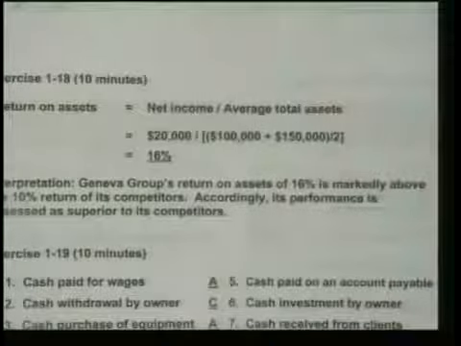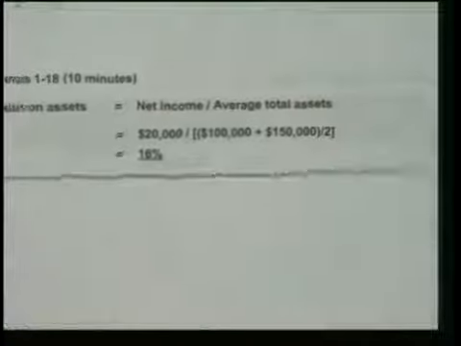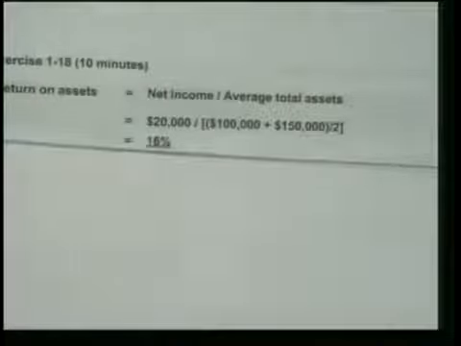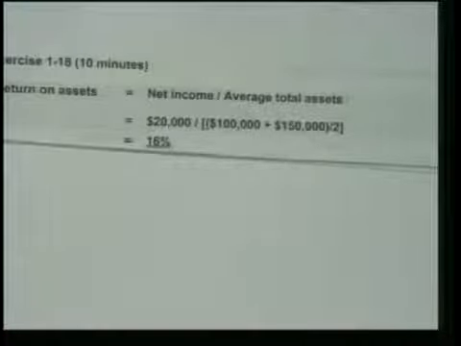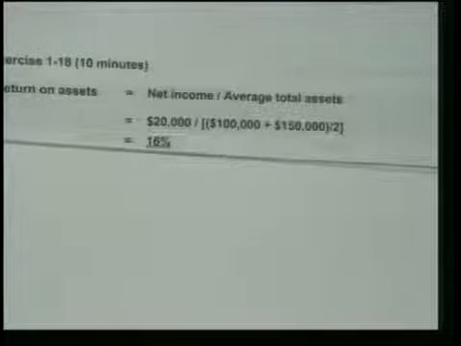And in this case, they tell us in exercise 118 that Geneva Group reports net income of $20,000 for 2011. At the beginning of 2011, they had $100,000 in assets. By the end of 2011, assets had grown to $150,000. What is Geneva Group's 2011 return on assets?